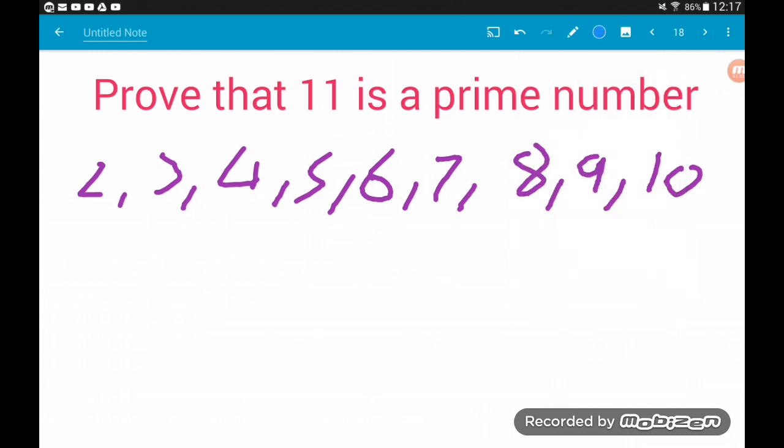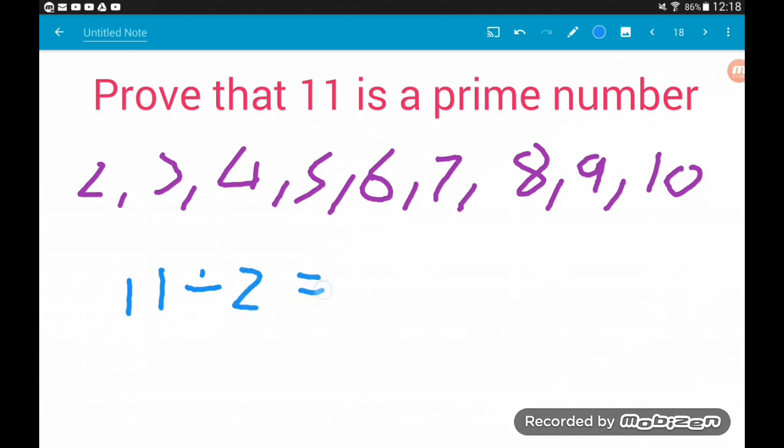2. Is 2 a factor of 11? So, if 2 is a factor of 11, it means if we divide 11 by 2, we get a whole number, which would also be a factor of 11. So, what happens if we do 11 divided by 2?